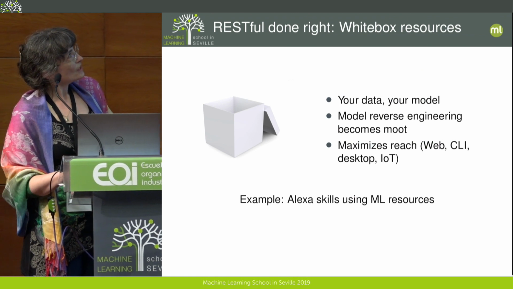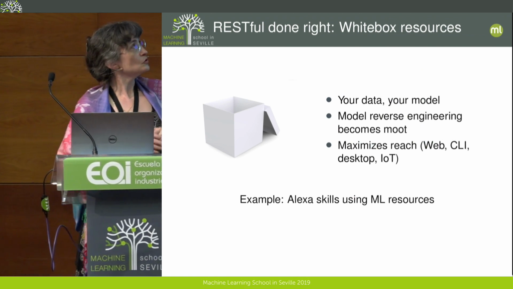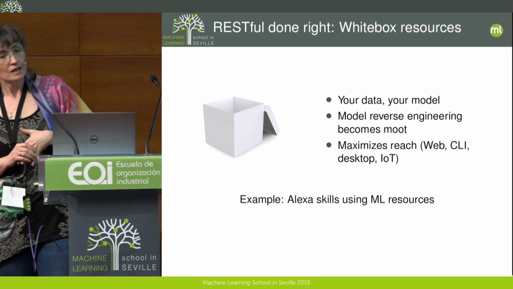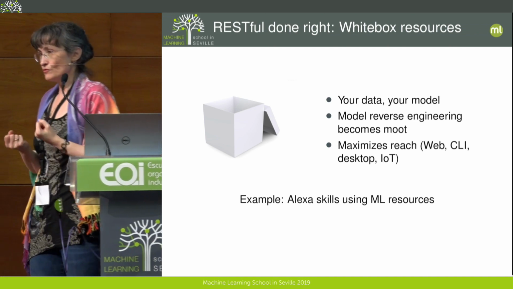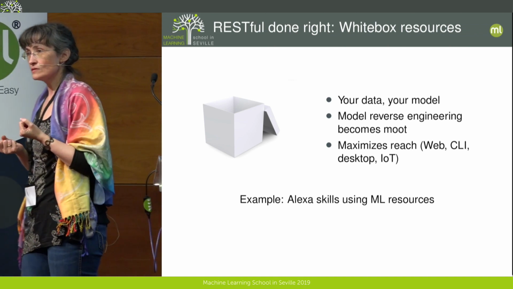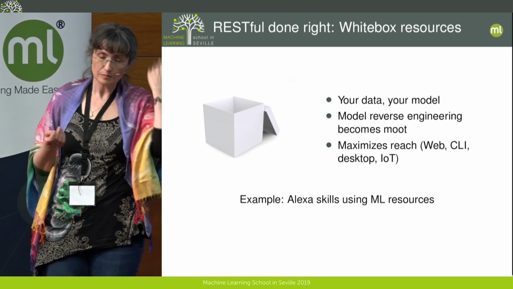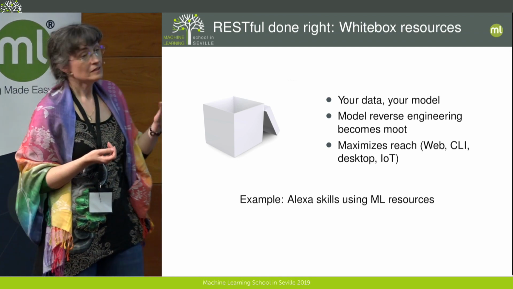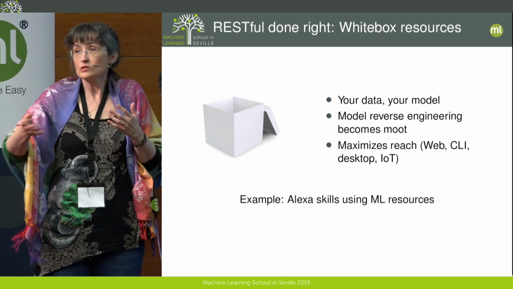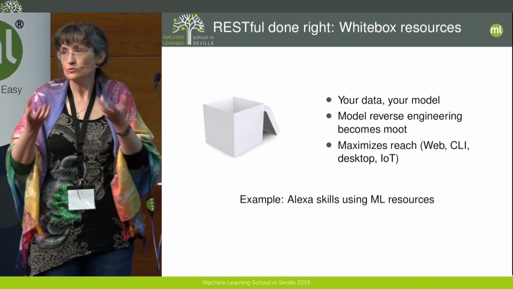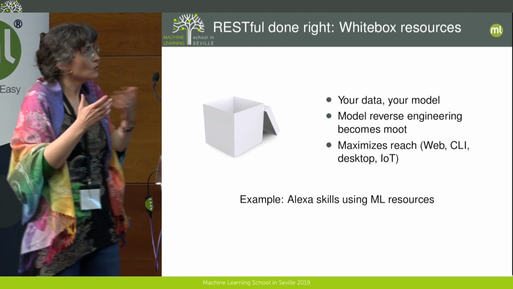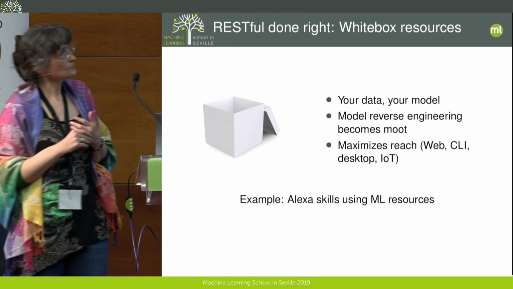But of course, on top of that, you will also want to have ownership of your resources. When you create a model, you don't want that model to be part of the platform and never see it anymore. At the beginning, Google Prediction API did that, and you only could do predictions, but you were not able to retrieve your model, or you didn't know what they were doing with it.